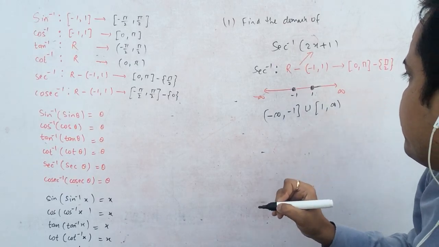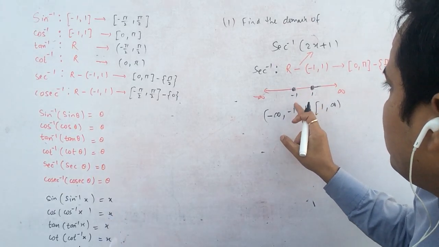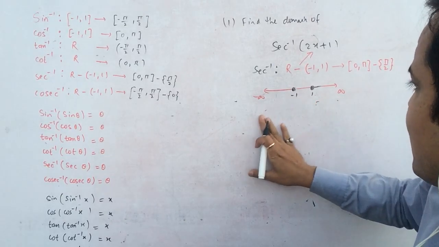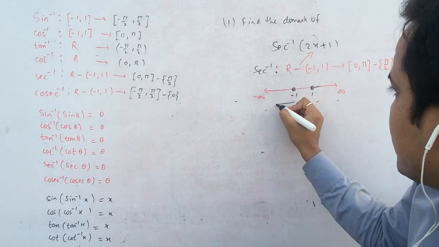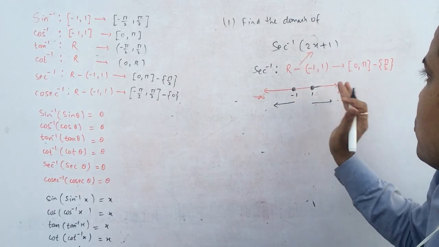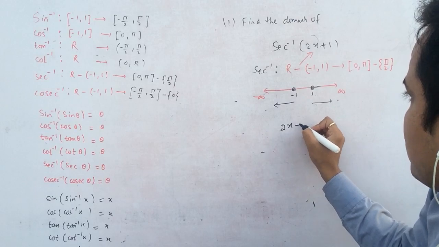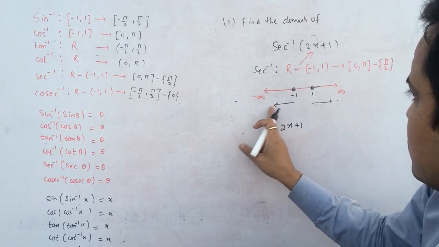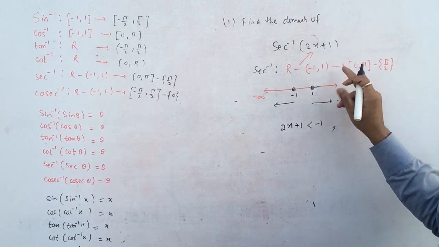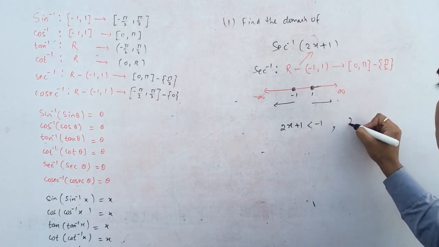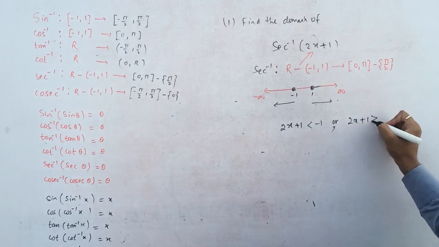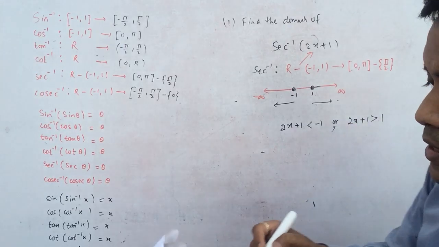If you don't want to write it like this, the value can be less than or equal to -1 or more than or equal to 1. So here 2x plus 1 can be less than or equal to -1, and 2x plus 1 can be more than or equal to 1.